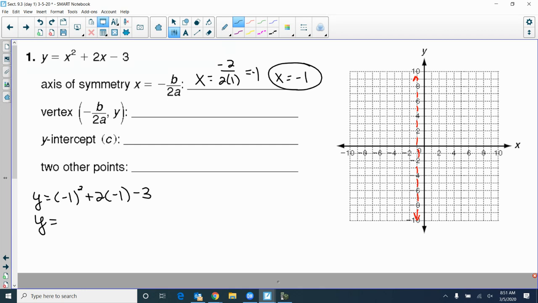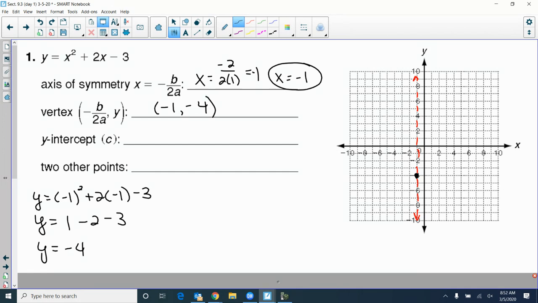You also have to write it as an ordered pair. The x value is -1. What do I get here? -1 squared is 1. 2 times -1 is -2, minus 3. What does that end up equaling? -4. So -1, -4. That has to be on the axis of symmetry. So at -1, -4, put a dot.